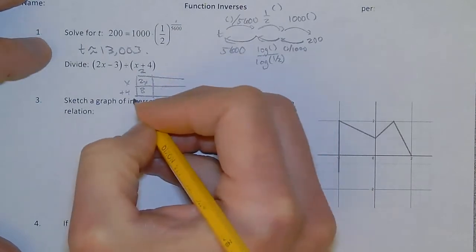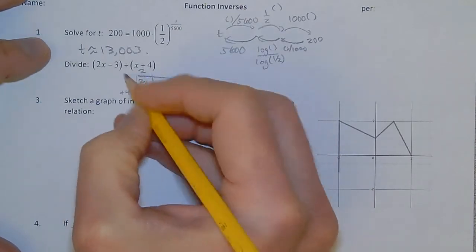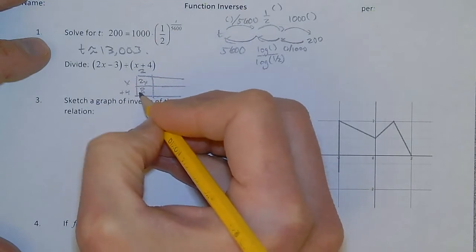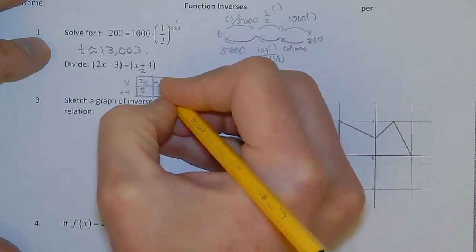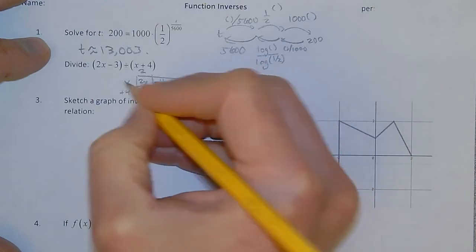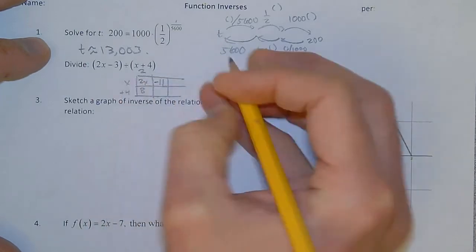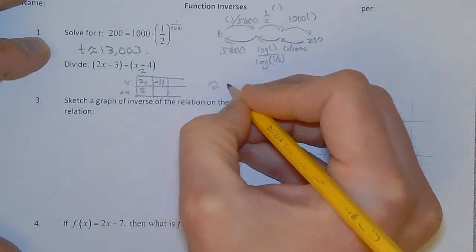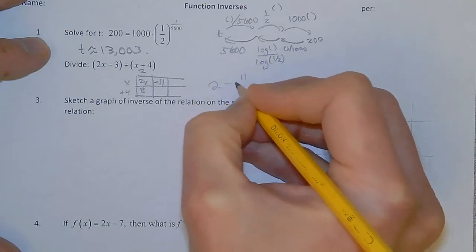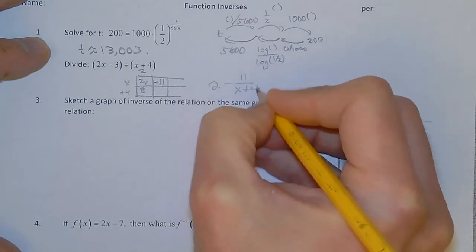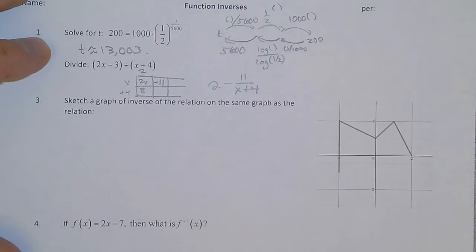And we're already then building remainder. This was supposed to be a minus 3. It's an 8, so we would need a minus 11 there to make that come out to be a minus 3. So we get 2 minus 11 over x plus 4 as an answer when we divide those.